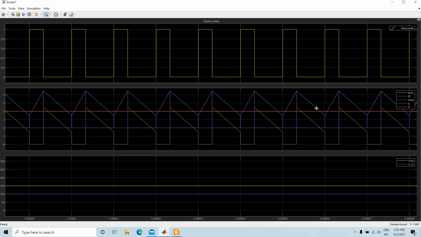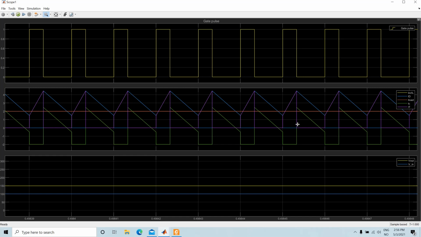This is the current coming from the input, which is the same as the inductor current, and it is this part of the current. The diode current is basically the time when the switch is off. So during the off time, you can see this is the diode current, and when the switch is on, the diode current is 0.